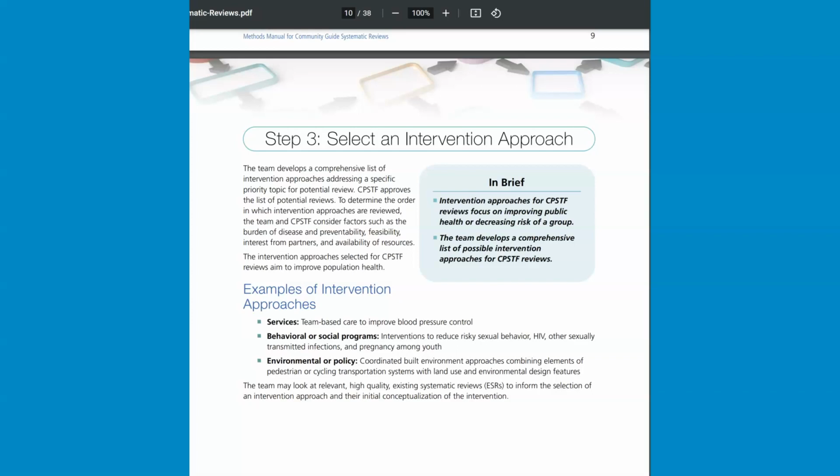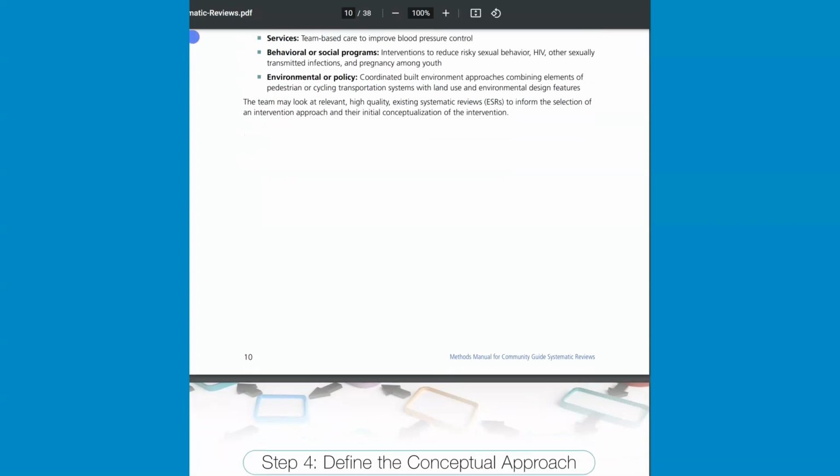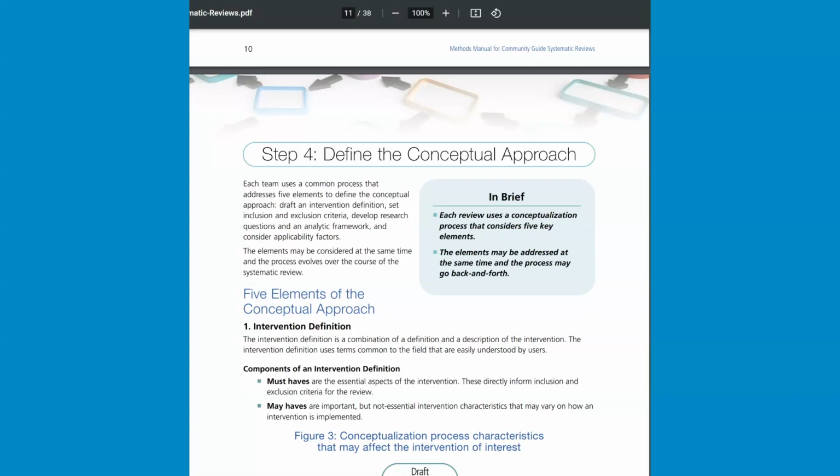That is the main purpose of having pedestrian and cycling transportation systems. Also, this is kind of an environmental health improvement, because you have a decrease in the combustion of greenhouse gases by decreasing transportation. So this is something that can be looked at in the context of existing systematic reviews as well.